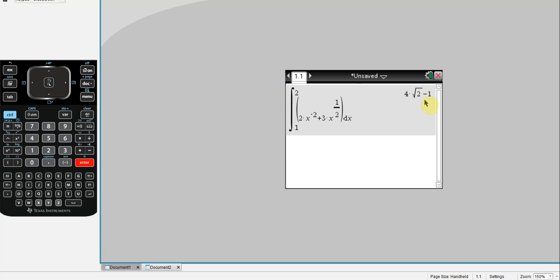And there we go. We have our minus 1 plus 4 root 2. So we had the correct answer, which is excellent.